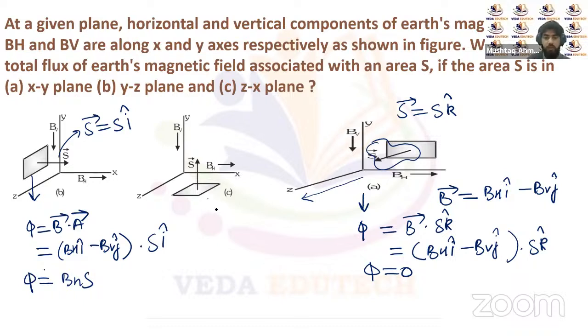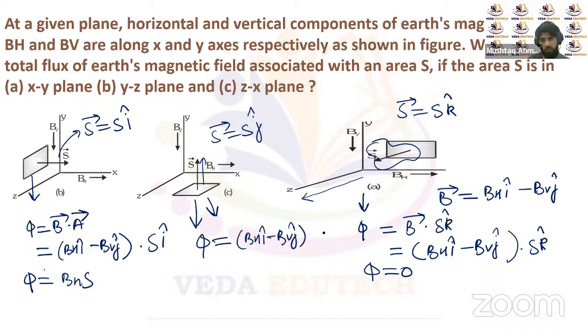Similarly for the third case, you can see that the S vector is directed along the plus y direction. So we can write the S vector as S, the magnitude of this loop, directed along j cap. The flux through this is phi equal to (Ph i cap minus Pv j cap) dotted with S j cap.